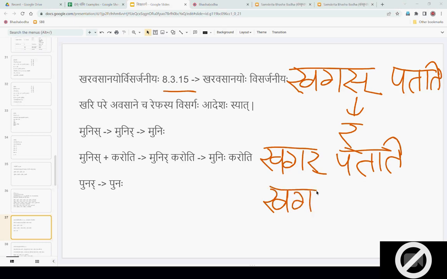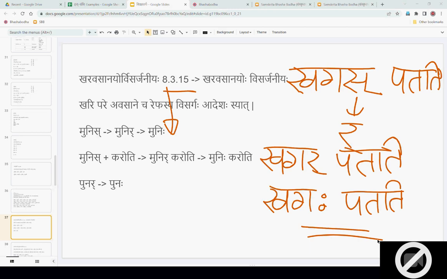It becomes khagah patati. Now we'll have to continue the study of the sutras after 8315. Is there any other sutra which could affect this? That we have to study.